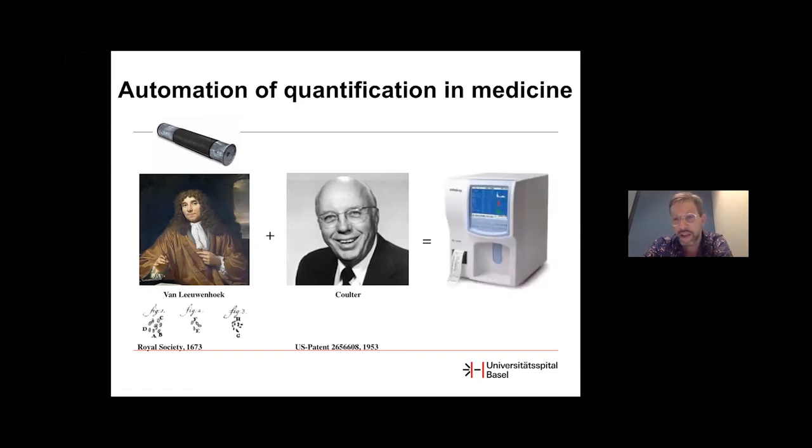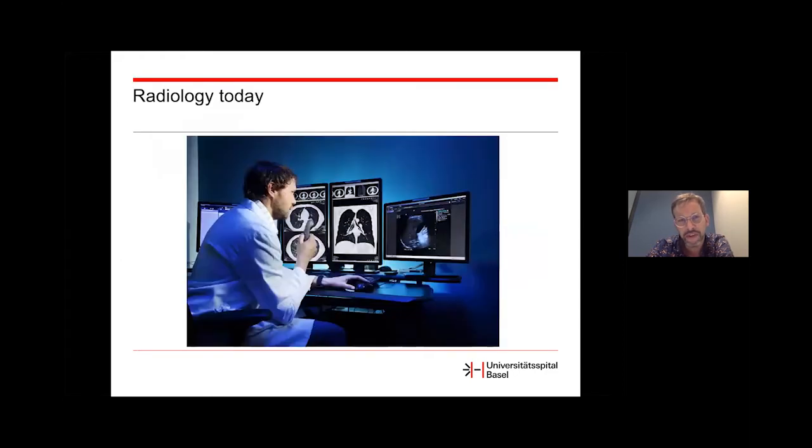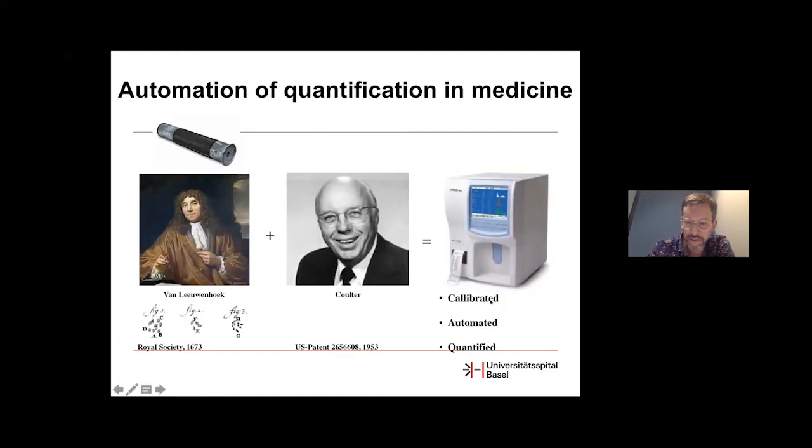Now, to measure hemoglobin, nobody is looking into a microscope anymore. There is a machine that indirectly quantifies the amount of hemoglobin without anybody touching it. And I think that looking at laboratory medicine as an example of how imaging got automated is quite helpful, because it shows you some components that are important: the calibration, the automation, and then in the end, the quantification.